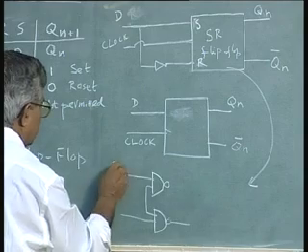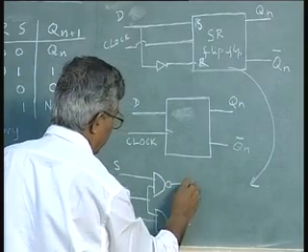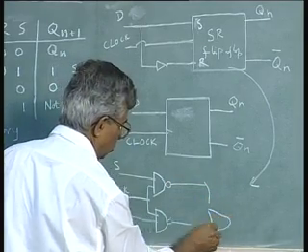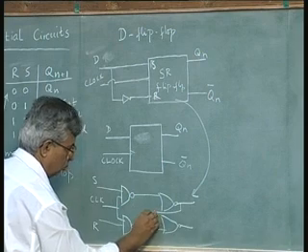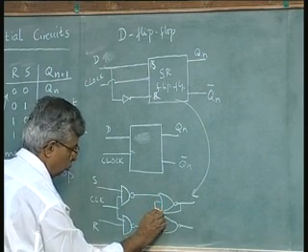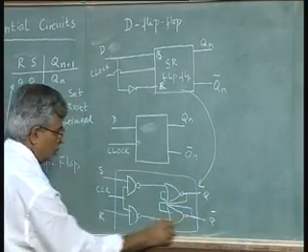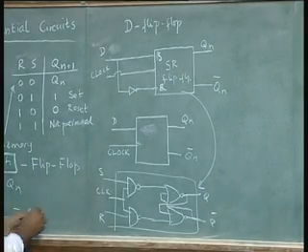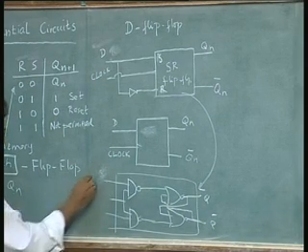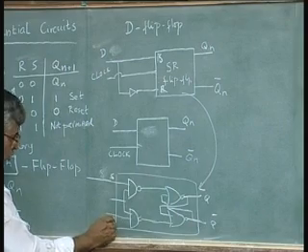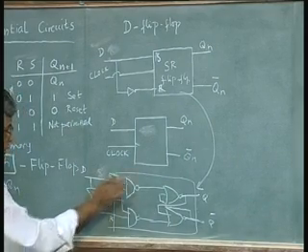This will be my S, R, clock, and then my Q. So, this is an SR flip flop, and now if you make this S and R inverts of each other, I call it a D, this is a clocked D flip flop.